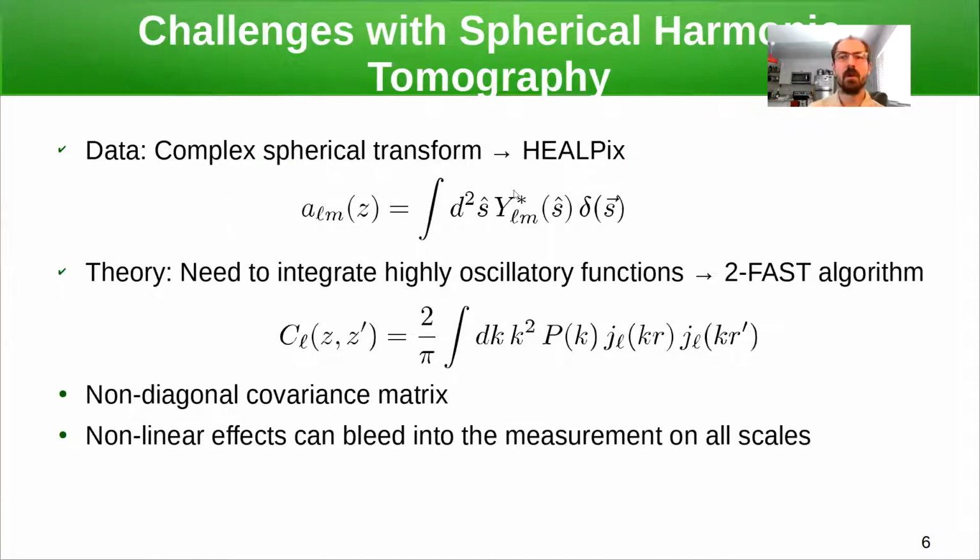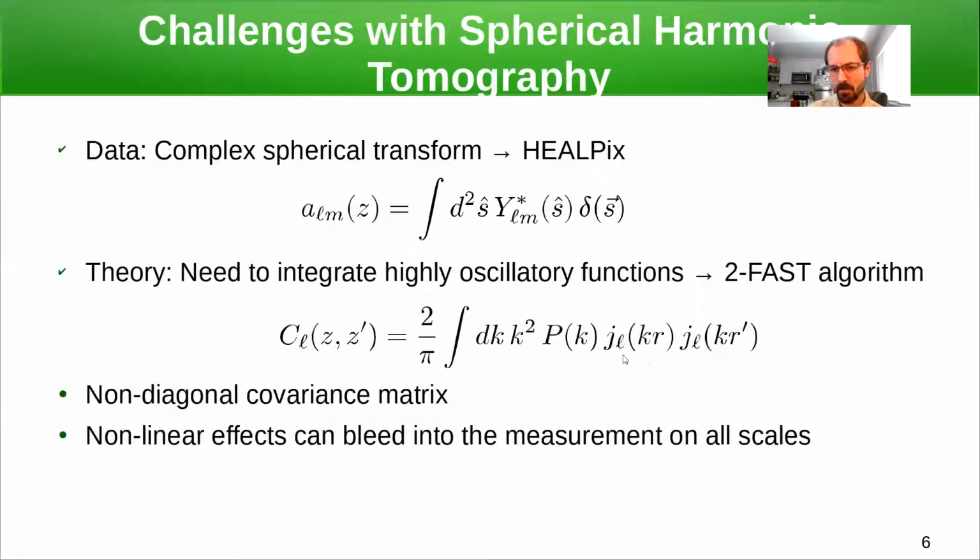So if we look at the challenges that we have here, in terms of measuring it, we can use HEALPix, very sophisticated software, to measure the spherical harmonic power spectrum. But on the theory side, we need to integrate very highly oscillatory functions.